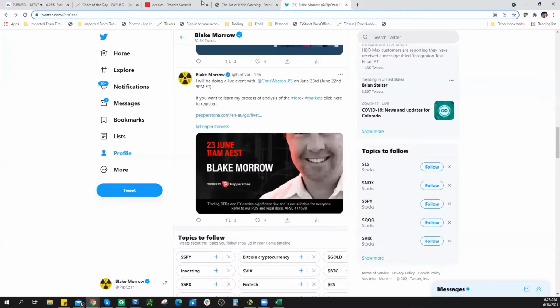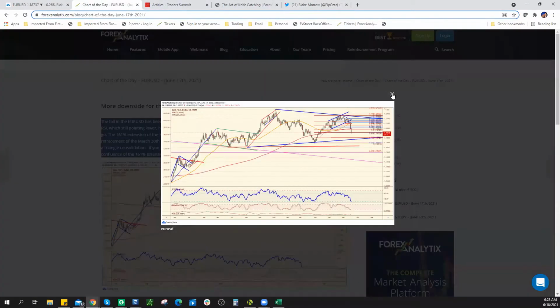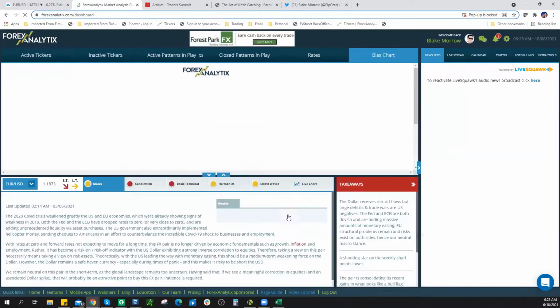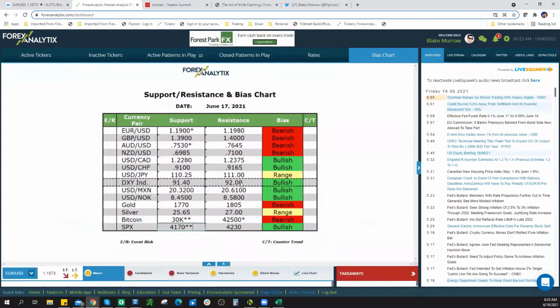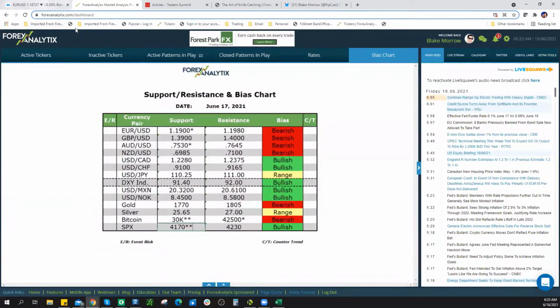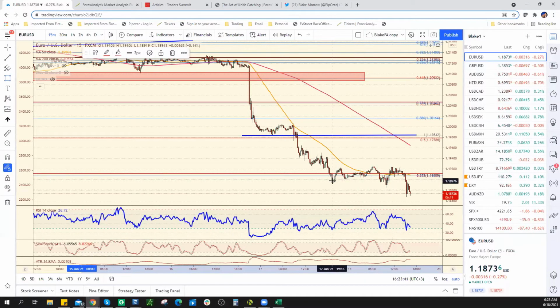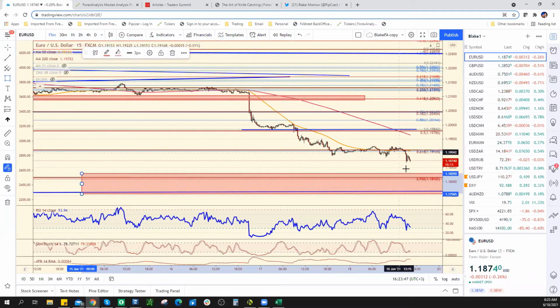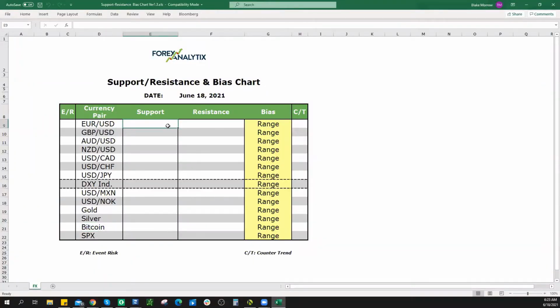We put it in our bias chart as support yesterday at 119, and we hit 119 and consolidated here, but that was good enough for day trading to be able to take profits. Now next support is going to be 118.15, so let's write that down.